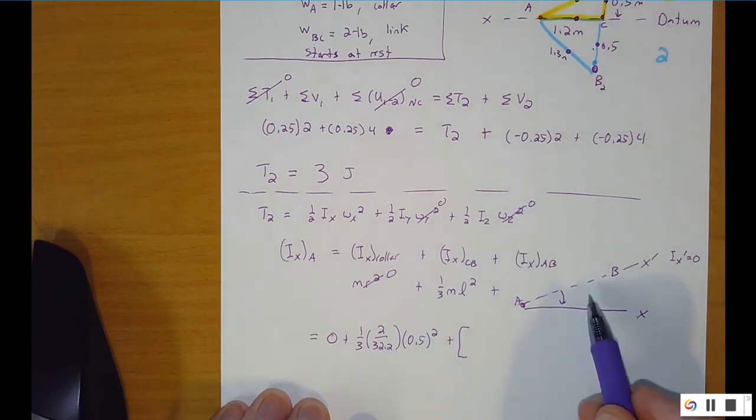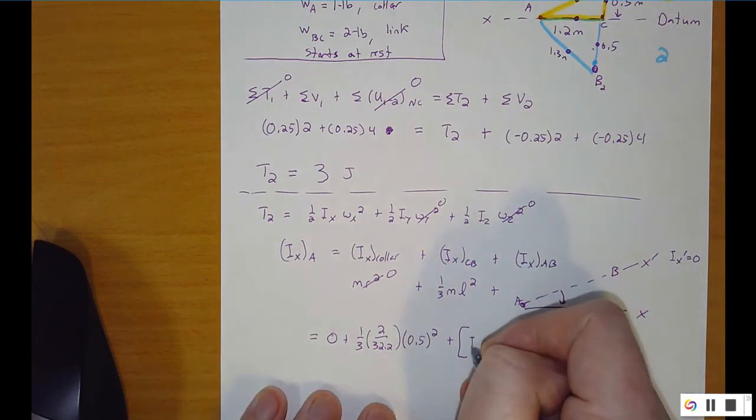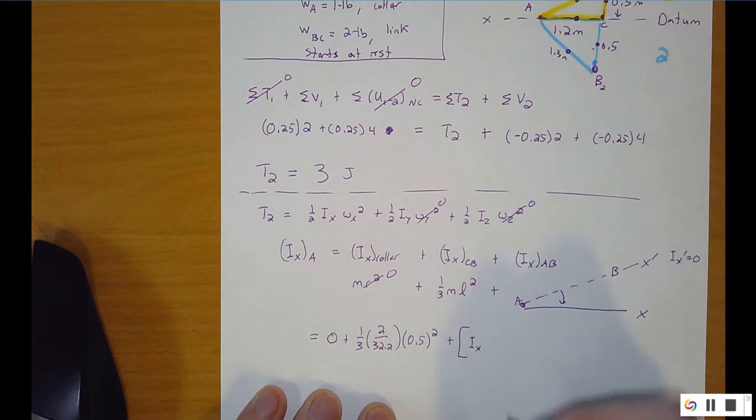And then to rotate this thing, I am going to need to use the equation. So we're going to use the Ix. Just a second, let me look it up.